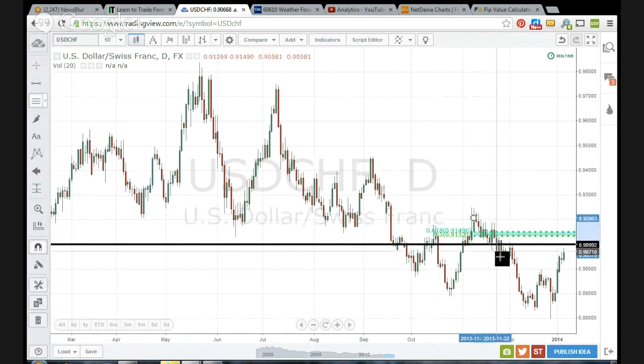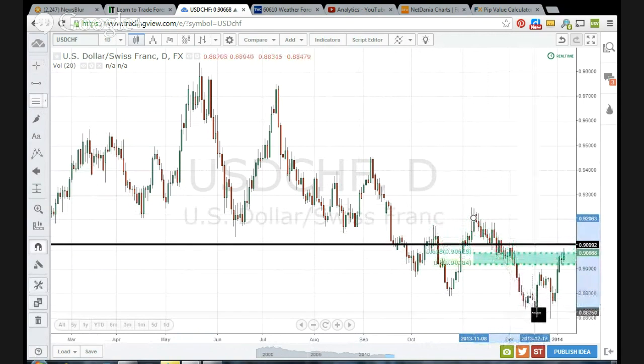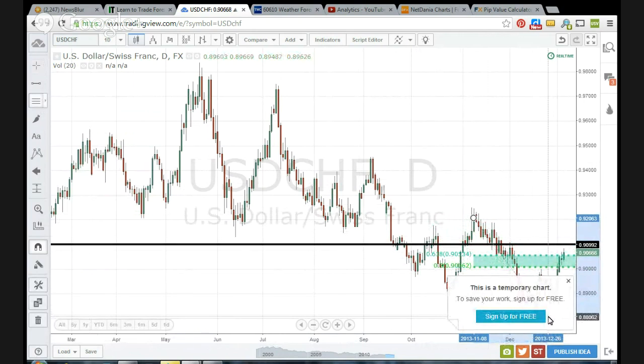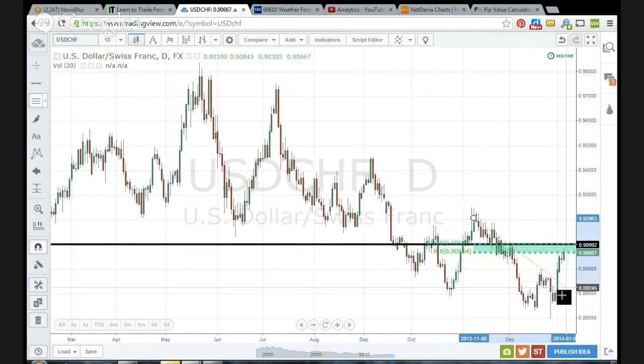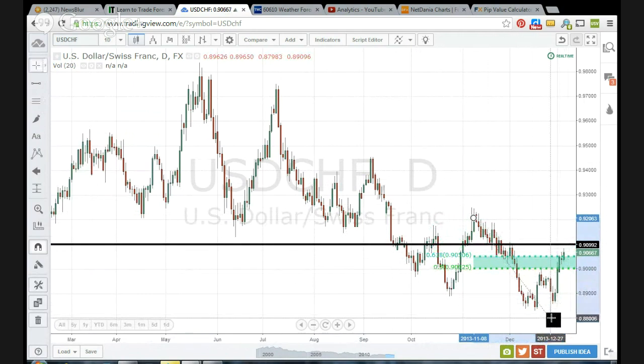Start here, go down here. Okay. And now we're also in this Fibonacci area. We do have a doji candlestick here. However, if we entered on that, we'd still be running a loss.